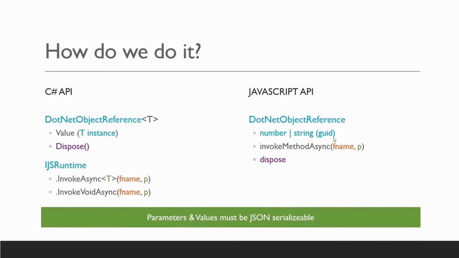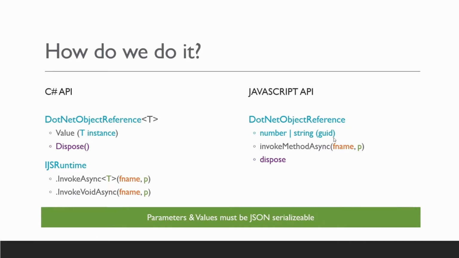So on the C# side of things, we have a couple methods and objects that help us communicate with the JavaScript world. One of those is the .NET object reference. This is a typed reference that lets us tell JavaScript what our classes inside of our Blazor application are like. It even lets JavaScript call methods on those classes.